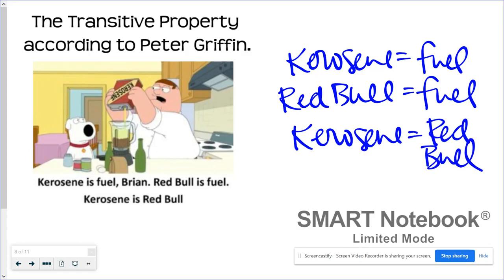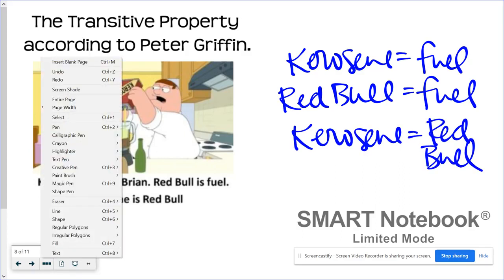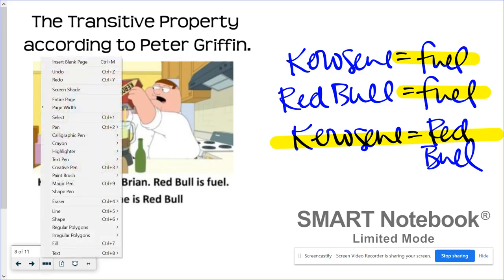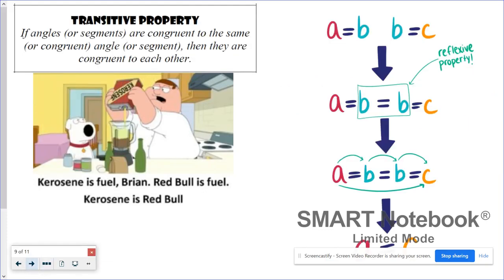Why? Because both kerosene equaled fuel and Red Bull equaled fuel. So they both equaled the same thing, which means them both equal to each other. And that is essentially what the transitive property is saying.